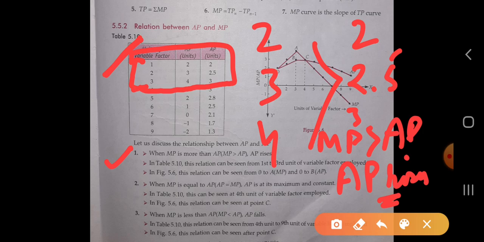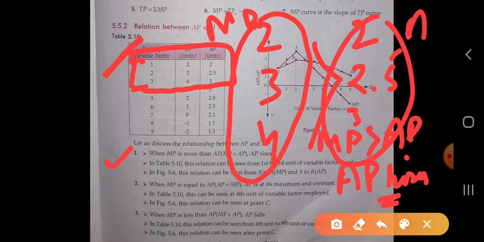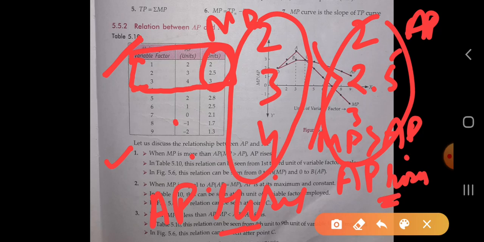You know very well that this marginal product is more than all these average products. So when the marginal product is more than the average product, AP will rise. AP is continuously rising: 2, 2.5, 3.